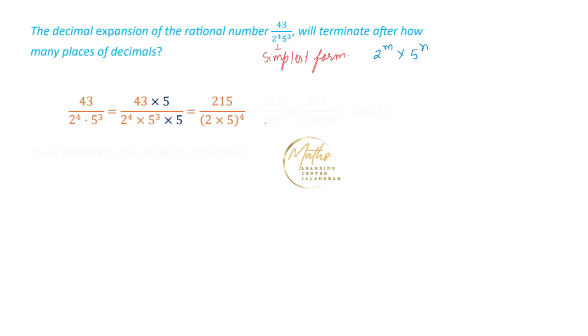Now 2 into 5 is 10, so the denominator is 10 raised to the power 4. The answer is 215 by 10,000, and the value comes out to be 0.0215. So it will terminate after 4 places of decimals.